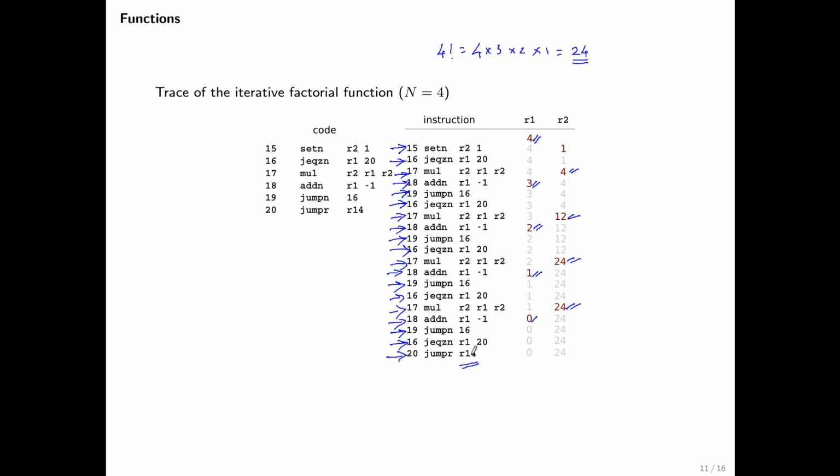But when it jumps out of the function into the caller, what is the current value in R2? Well, it's 24, and that is precisely 4 factorial, which we calculated here above. So this function correctly calculates the factorial of a number and places that result in R2.